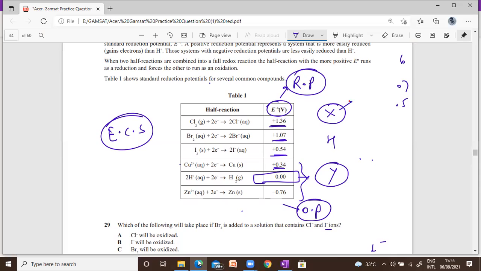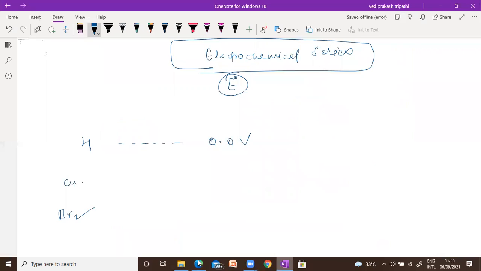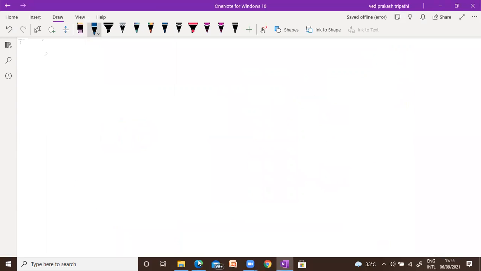If it is a reduction potential and if it is an oxidation potential, it means X will self-reduce. Hydrogen has zero. There is X and Y. This is above hydrogen, so we can say this is reduction potential, which is a positive value. And this is a negative value, which means oxidation potential.